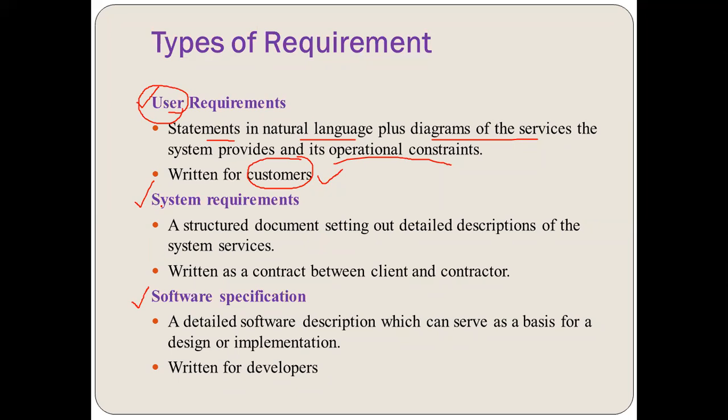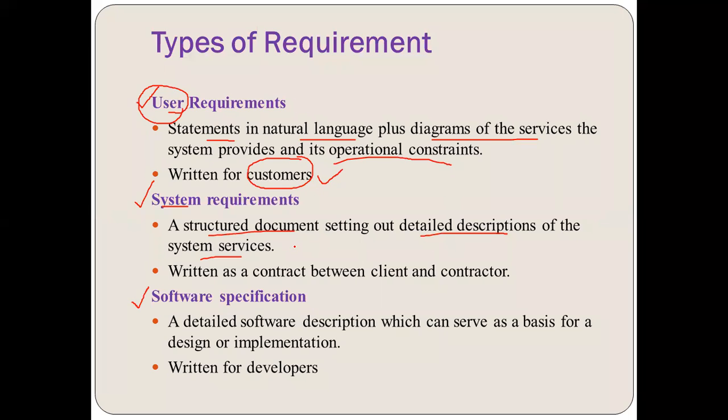Next one is system requirement. Now, what is the system requirement? A structured document setting out detailed descriptions of system services. This is a kind of, we can say, a legal document also. You must have seen certain legal documents in which clear detailed descriptions are given for all the services.